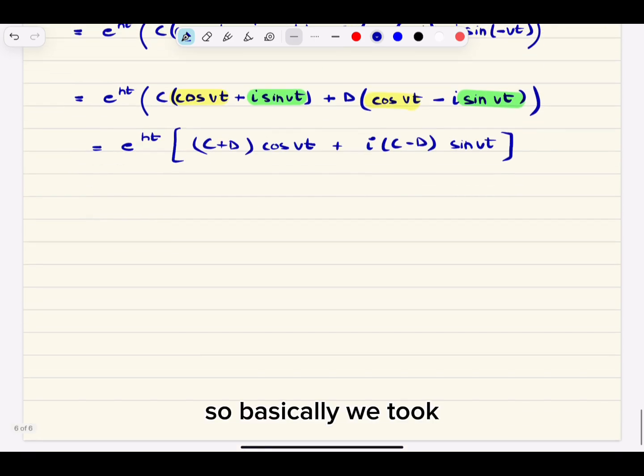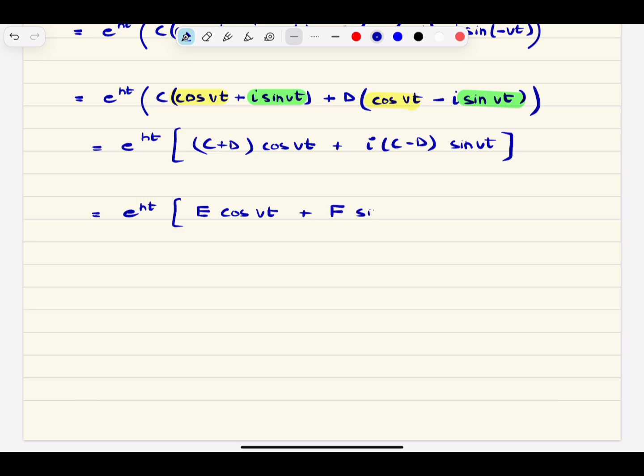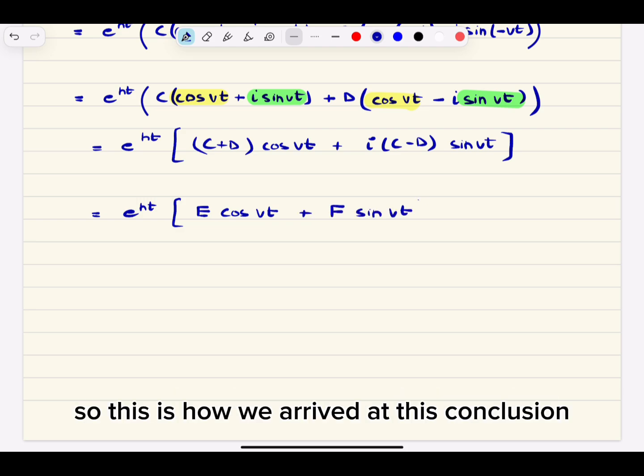So basically, we took this constant as E, and we took the other constant as F. So this is how we arrived at this conclusion.